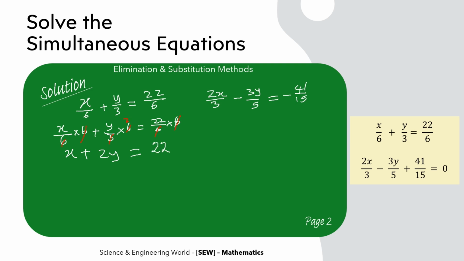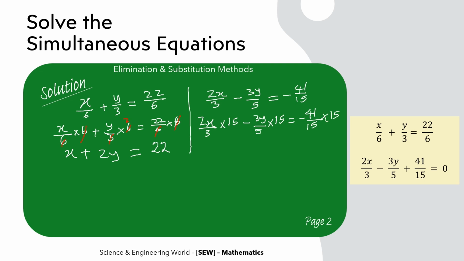In the second expression, the common factor will be 15, so we're going to have 2x over 3 times 15 minus 3y over 5 times 15 equals to minus 41 over 15 times 15.